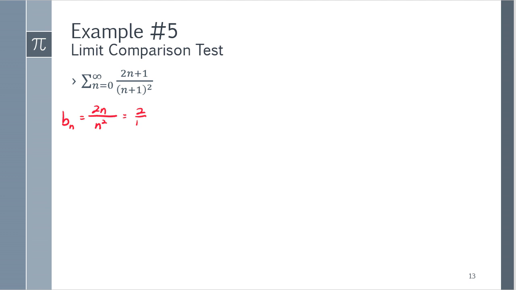And I get 2 over n. I can already tell that 2 over n is a p-series. I have a constant on top. So the sum from 1 to infinity of 2 over n is a p-series, where p equals 1. 1 is not bigger than 1, so that would diverge by the p-series test.